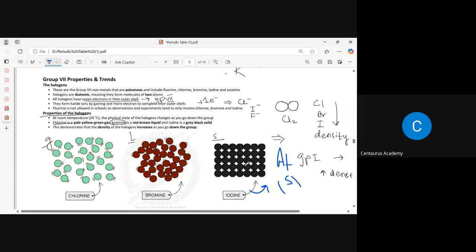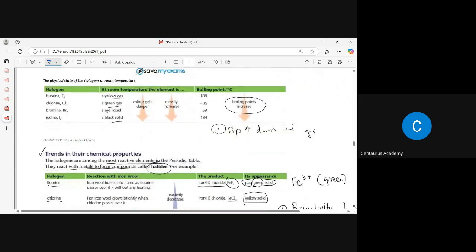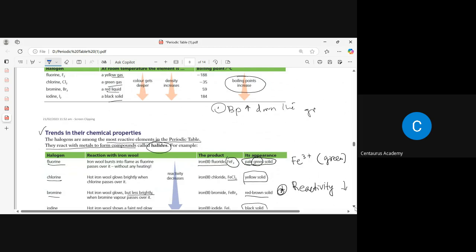Why do I say that the density increases? This is asked multiple times in the past papers, that the reason for the density increasing is this change of state, right? When you have solids, you know from your first topic that solids have greater density, gases have less density. So because of this change of state, the density is also going to change.